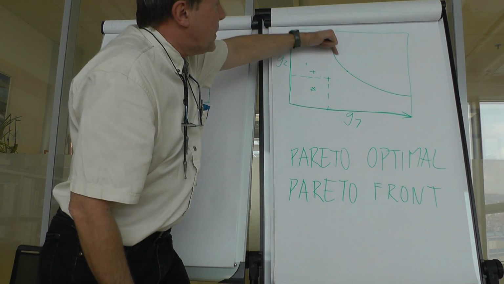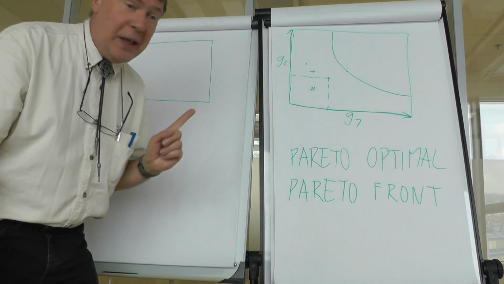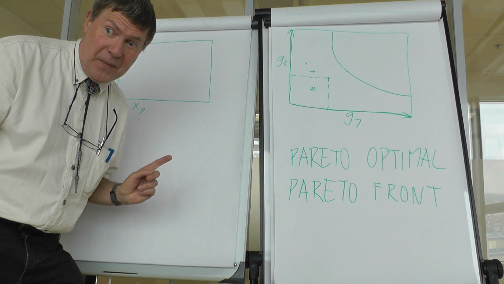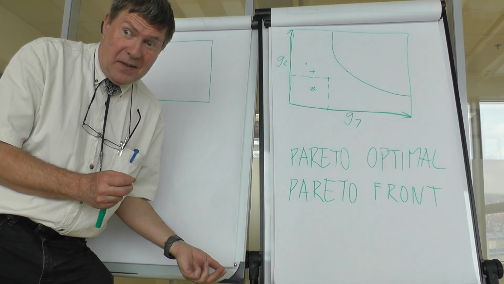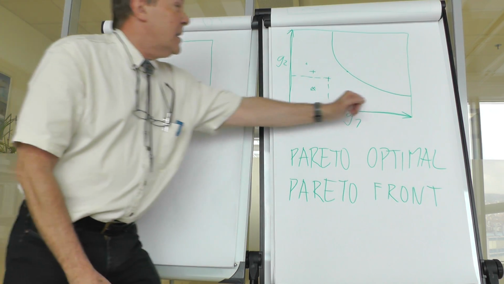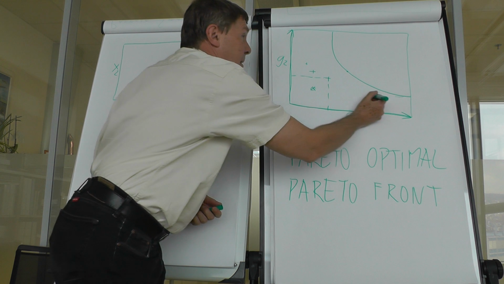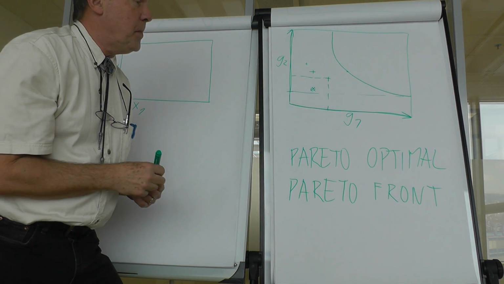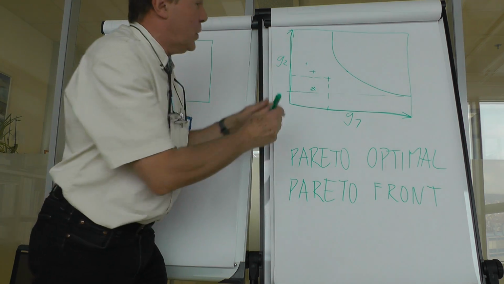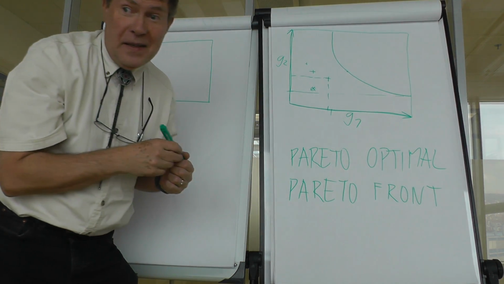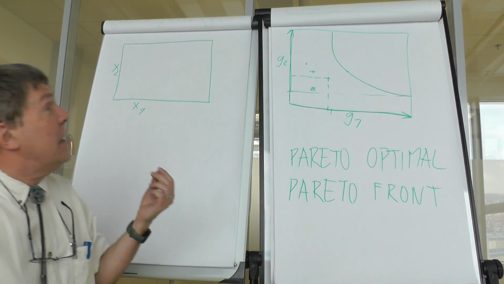After we know the Pareto front, we can now make trade-offs, because we know what is possible, what is achievable, but we also know at what cost. We know that if we want maximum G1, we will only get this G2. And if we want maximum G2, we will only get this G1. But we can make this trade-off with full knowledge of the situation.